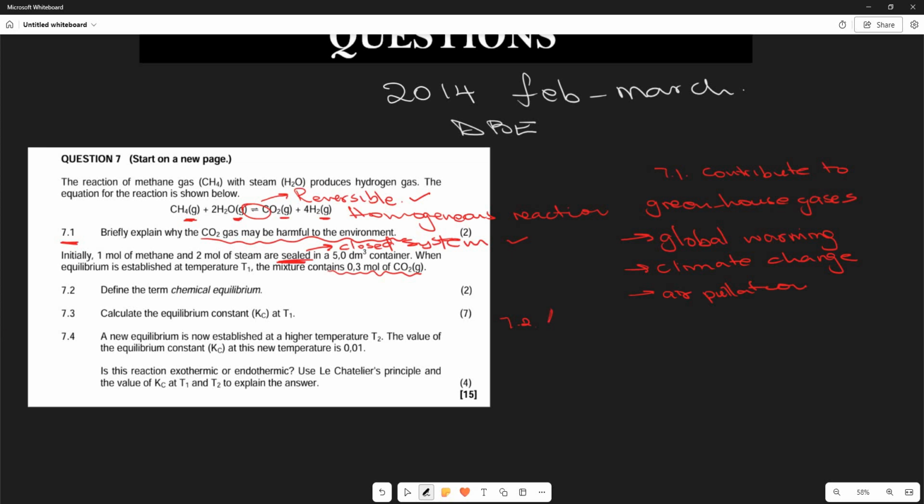Chemical equilibrium is a dynamic equilibrium when the rate of the forward reaction is equal to the rate of the reverse reaction.